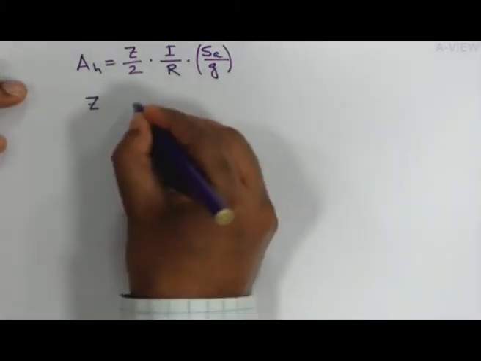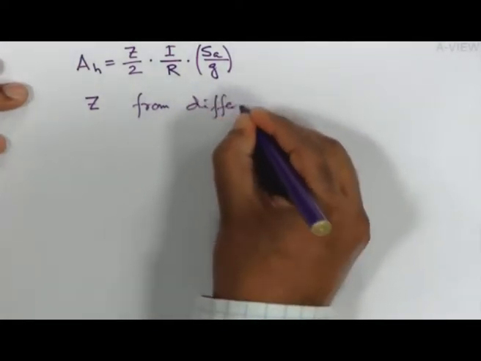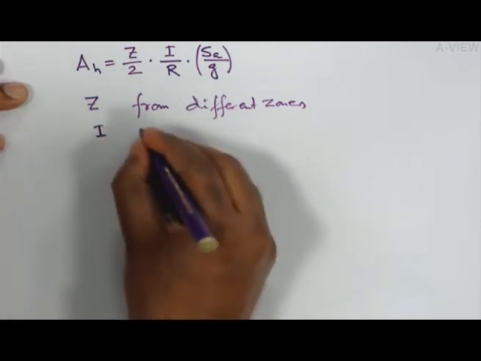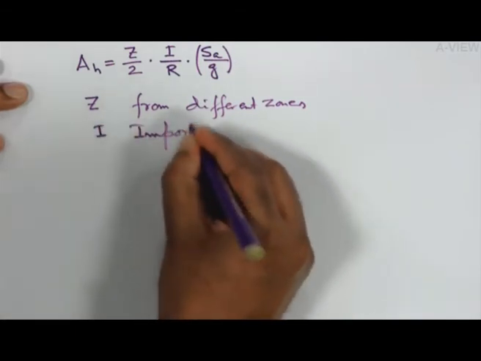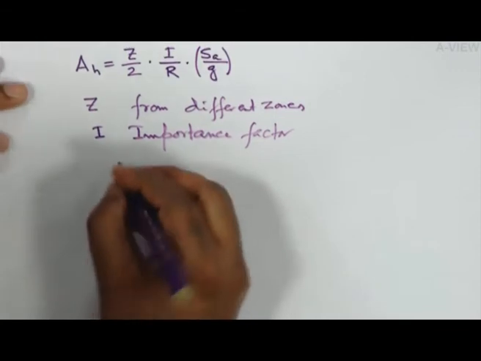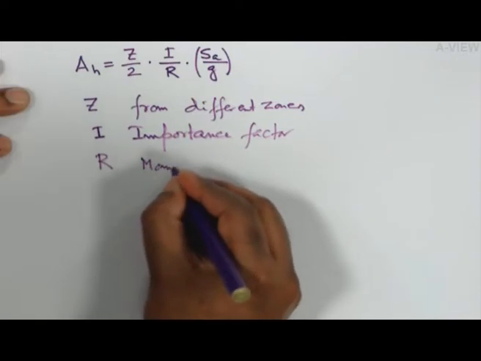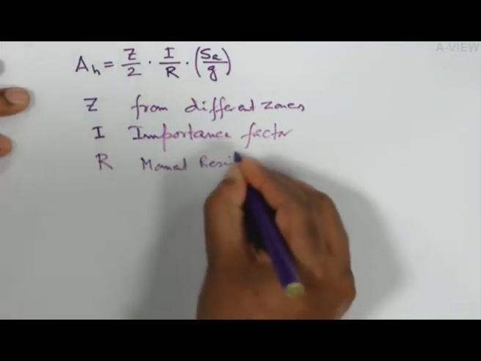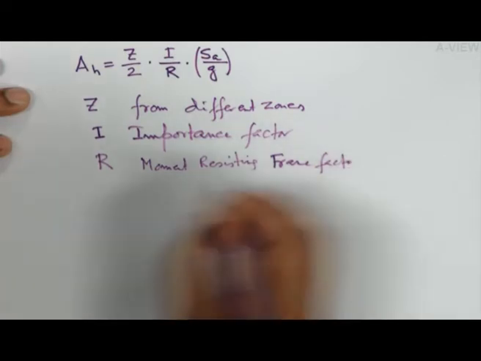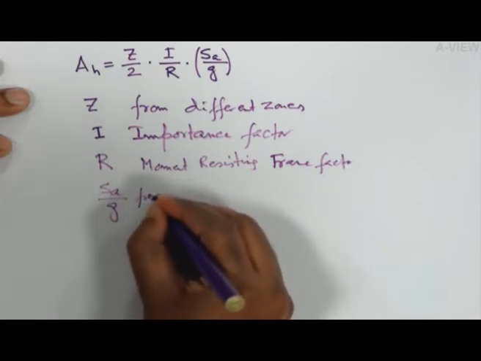So Z from different zones, I importance factor, then R resisting frame factor, and then SA by G that we are getting from soil condition.